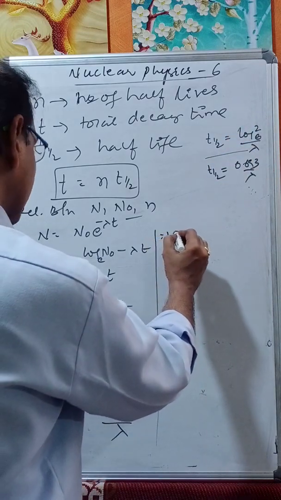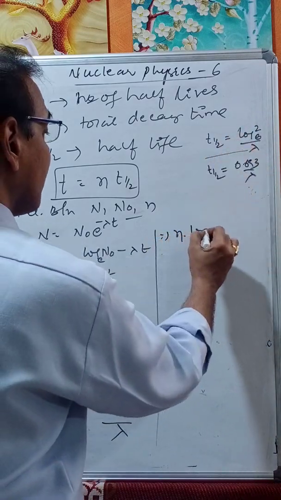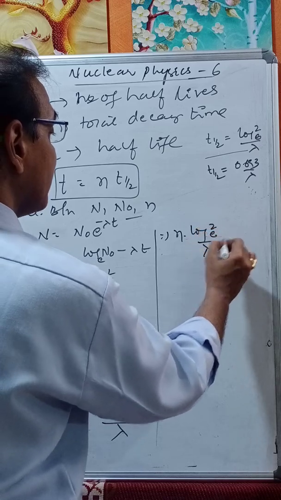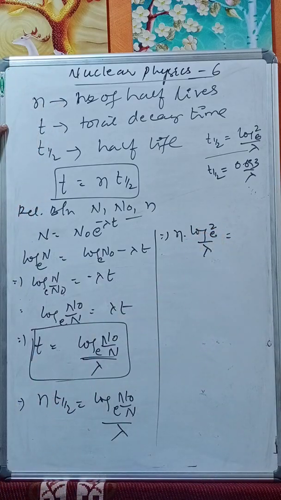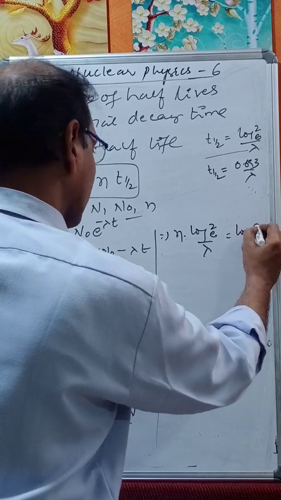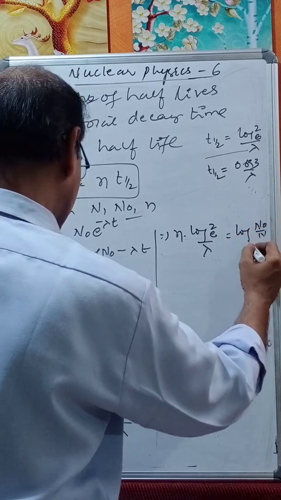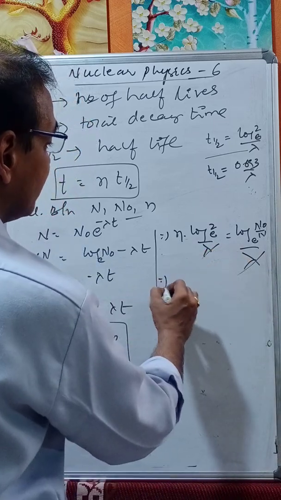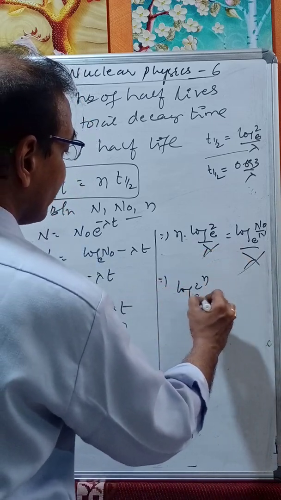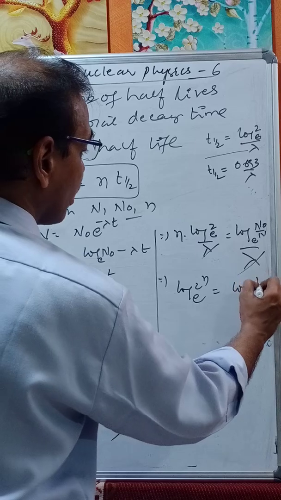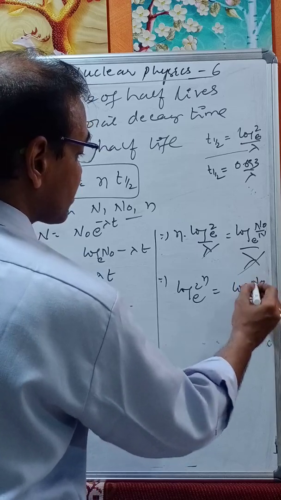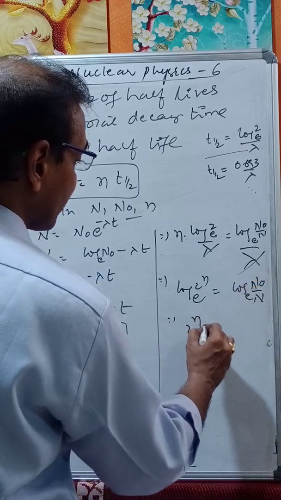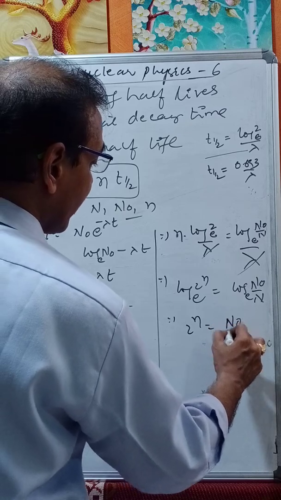This implies n into T half is log 2 to the base e by lambda. Lambda gets cancelled. This implies log 2 to the power n to the base e is equal to log n naught by n to the base e. This implies 2 power n is equal to n naught by n.